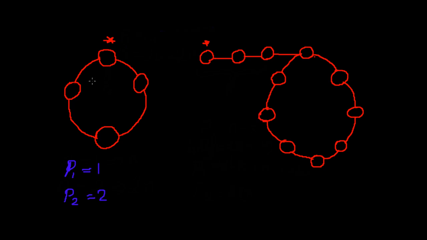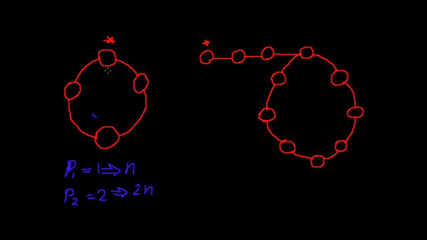Well, if the racetrack is n units long, P1 needs to go n units around the circle, and P2 needs to go 2 rounds around the circle, because P2 has the speed of 2 and P1 has the speed of 1. So if P1 goes n units and P2 goes 2n units, they're going to meet each other.